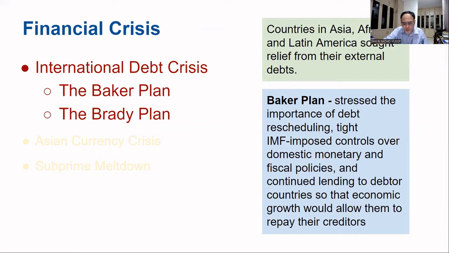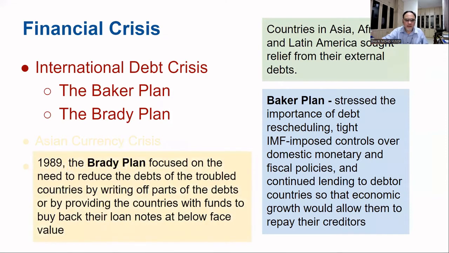Impose control of domestic monetary and fiscal policies, and continued lending to debtor countries in hopes that the country will grow economically and will allow them to repay their creditors. So that was the Baker Plan. The Baker Plan was trying to help countries be able to pay off their debts.